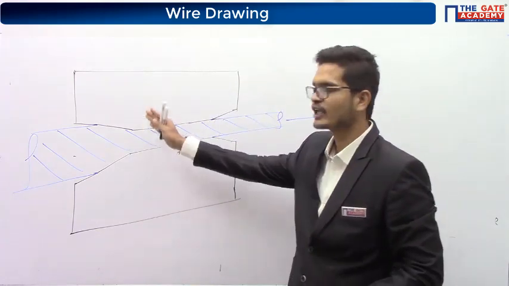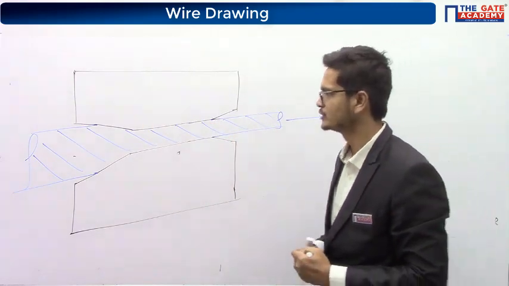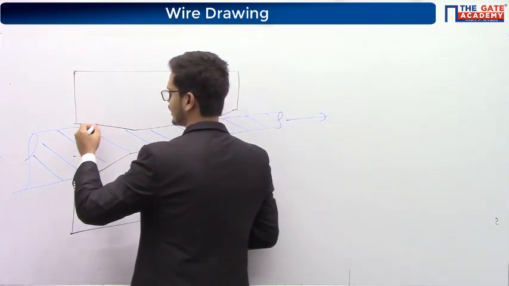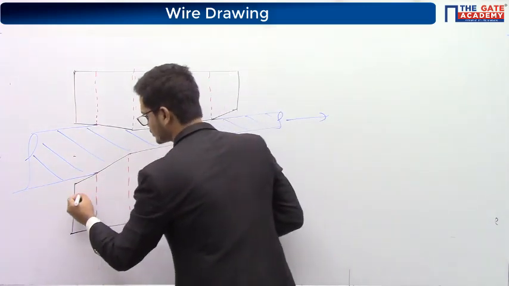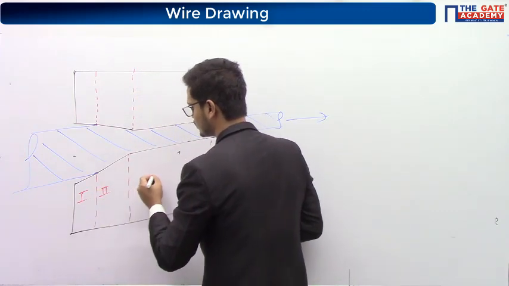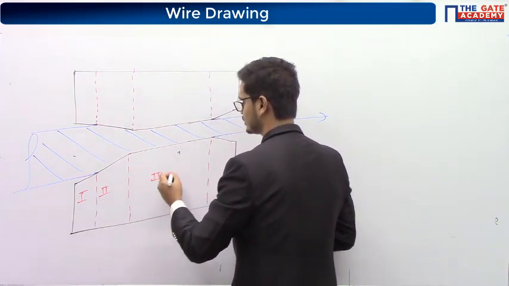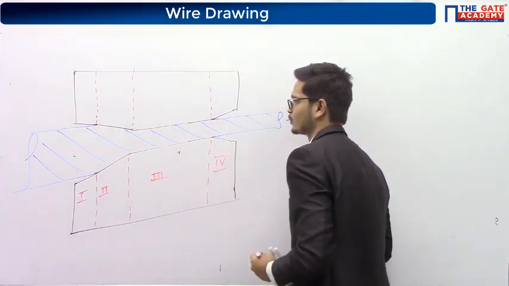So this entire die can be divided into 4 zones. This is the first zone. Here is the second zone, third one, and the fourth zone.